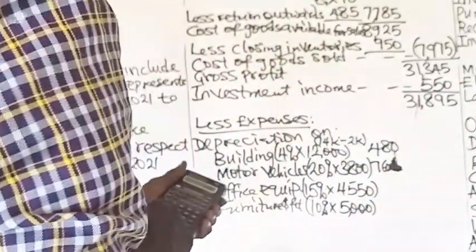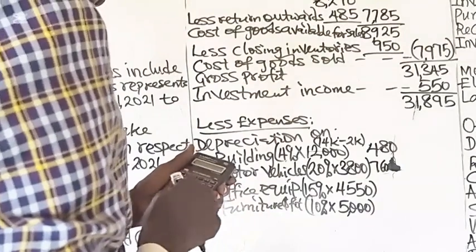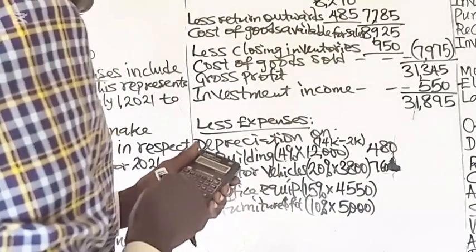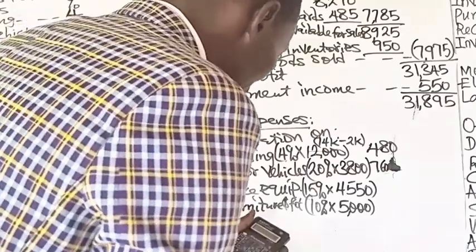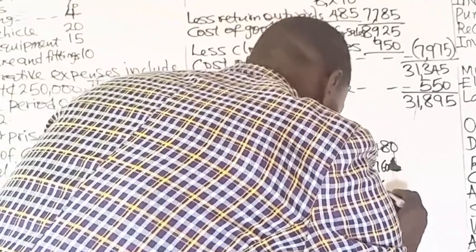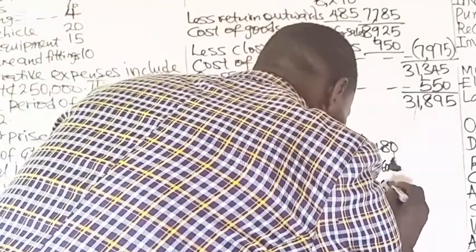For office equipment, 15% of 4,550 gives us 683, or 682.5.